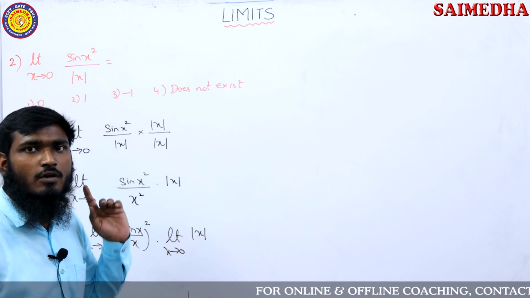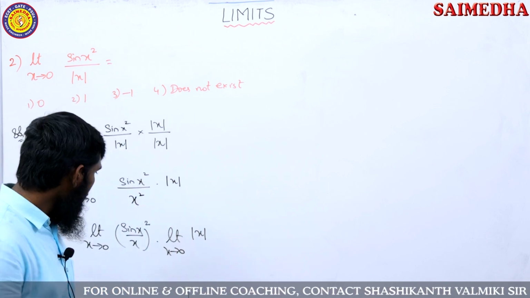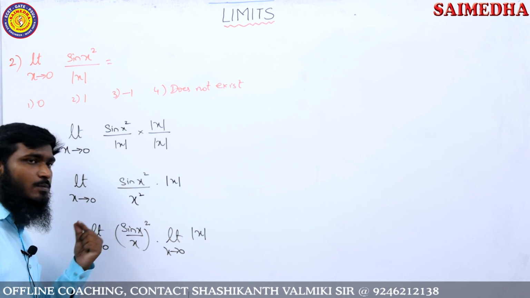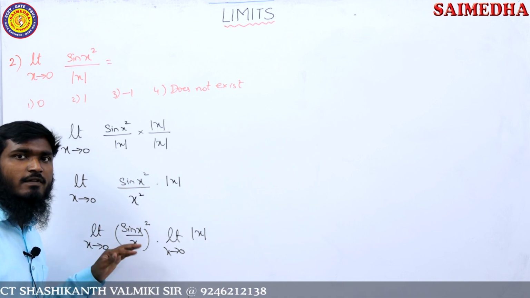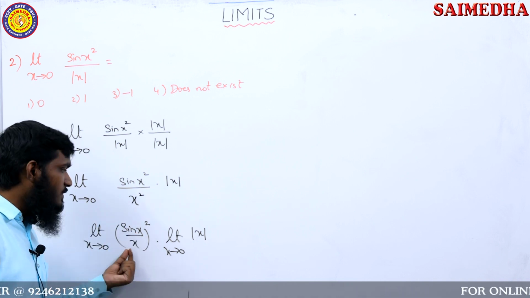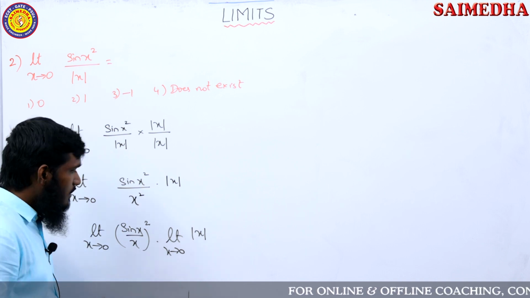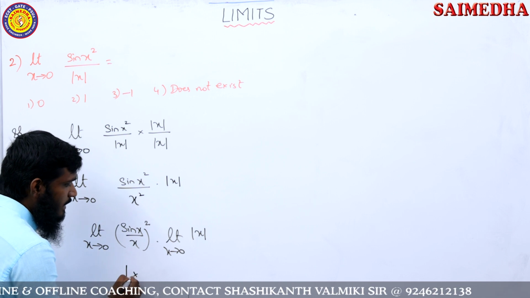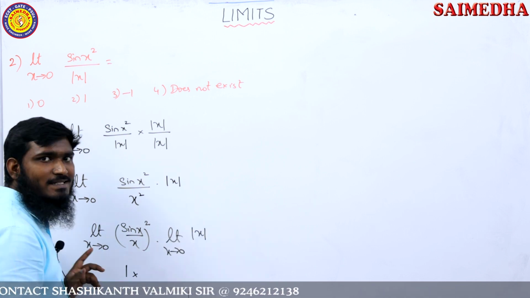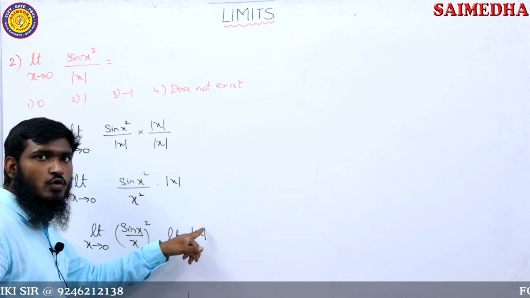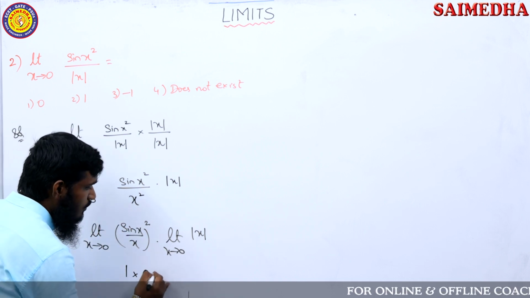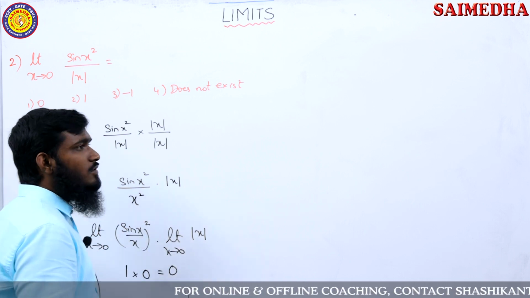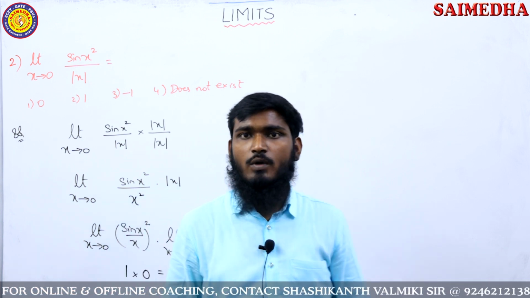Whenever we are having limit sin x by x, it is the standard limit, equals to 1. So 1 square means 1, into limit x tends to 0 mod x, which is 0. So 1 into 0 equals to 0. So we are getting the answer over here as 0.